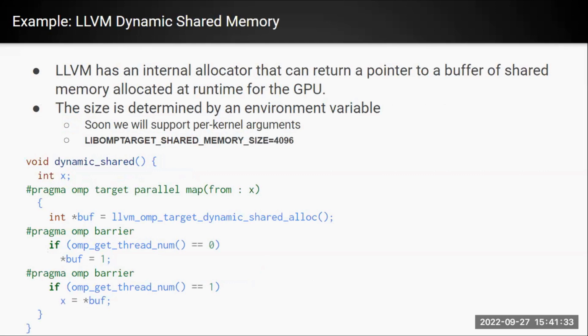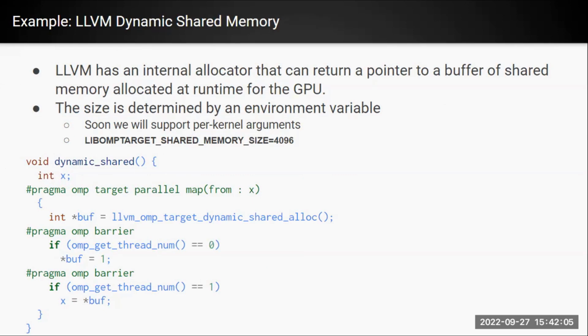Okay. Now, CUDA and HIP have this concept of dynamic shared memory. So when you start a kernel, you can tell the kernel launch how much shared memory you want to have. And you access that by creating a global declaration that is just __shared__ and some pointer.